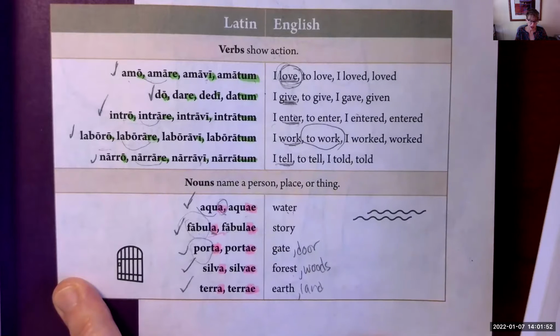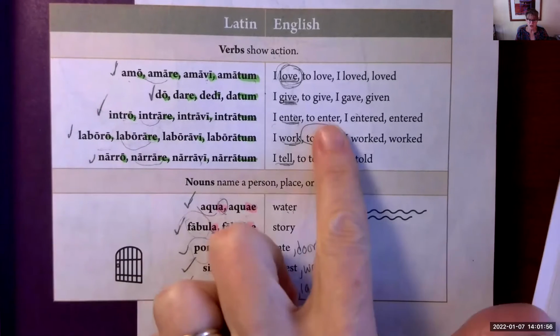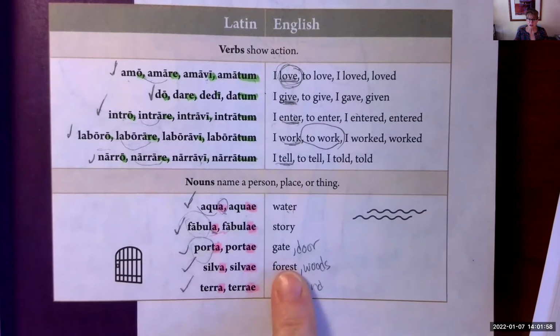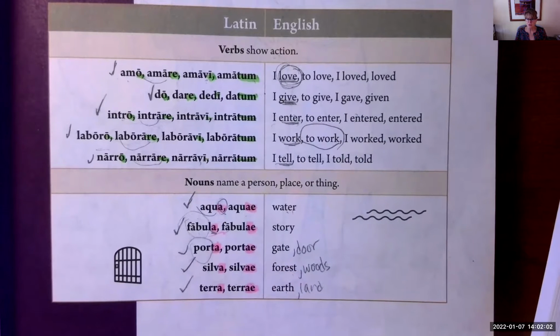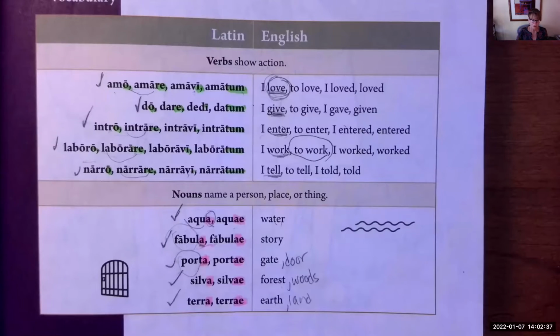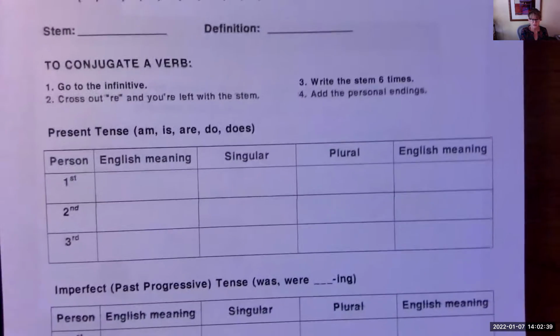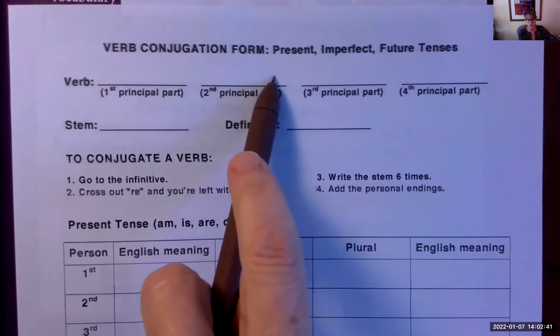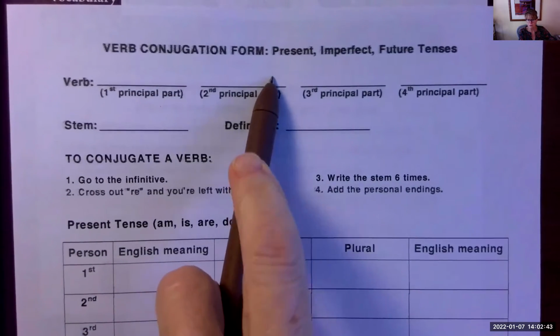And then I ask my students to conjugate verbs and decline nouns. What that means, I'm going to show you how to do by this. This is what I call my verb conjugation sheet form.